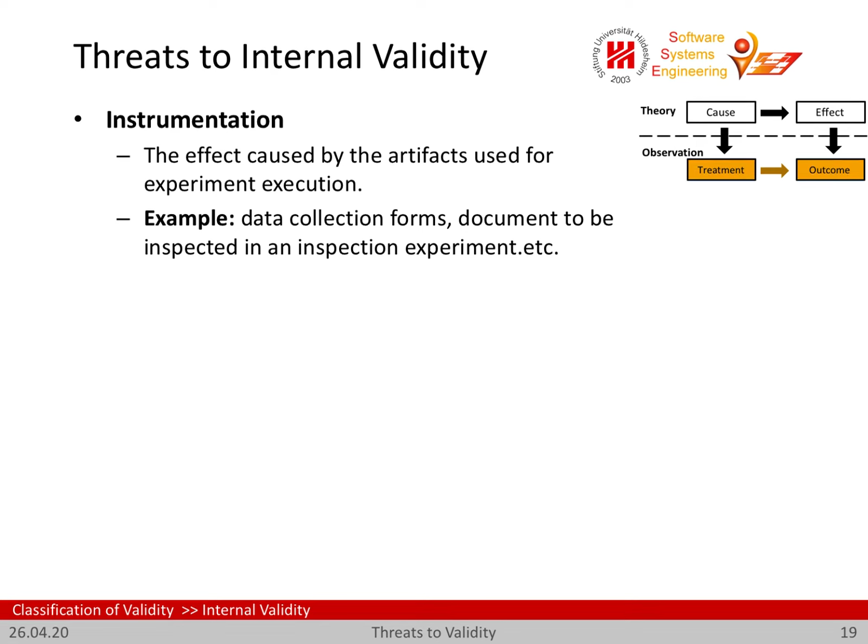The effect caused by the artifacts used for the experiment can be wrong. For example, if we have data collection forms that are inadequate, or a document that needs to be inspected that is not adequate for the task.